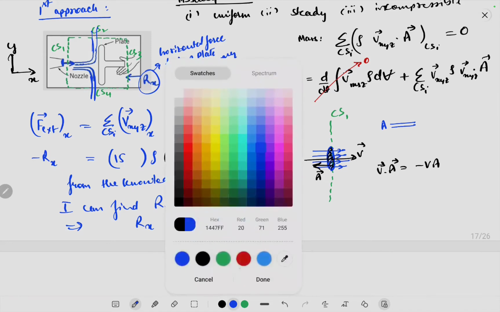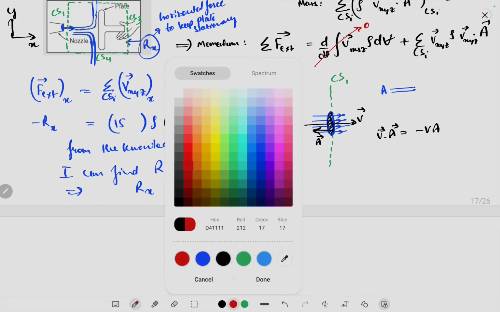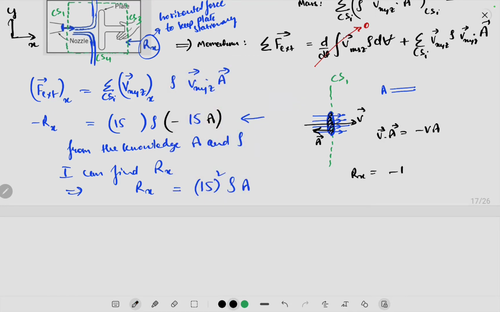So let's say if I get Rx equal to minus 15 square rho A by solving, this will mean that the sign of Rx that I have taken is incorrect.